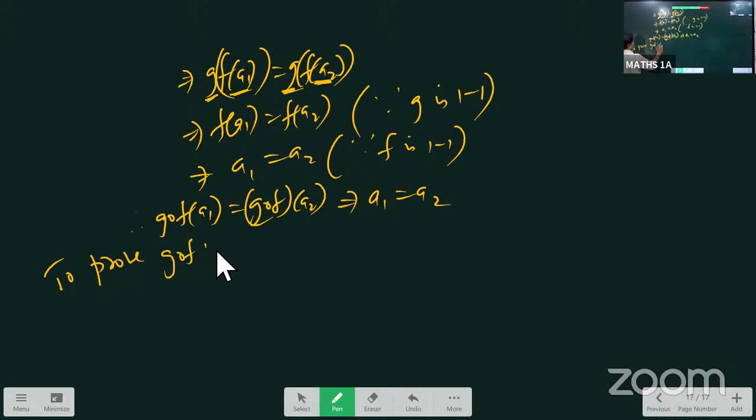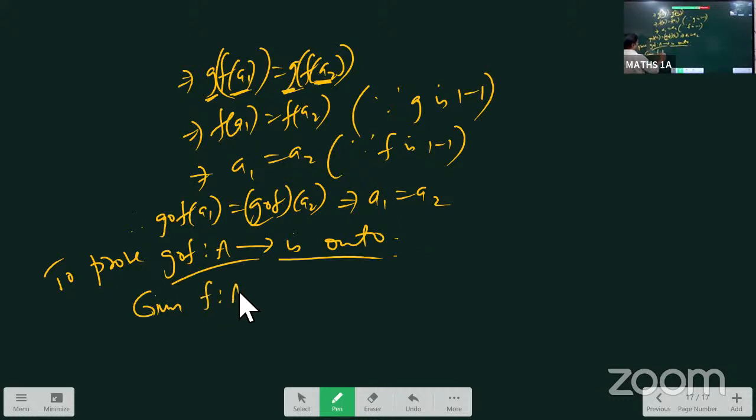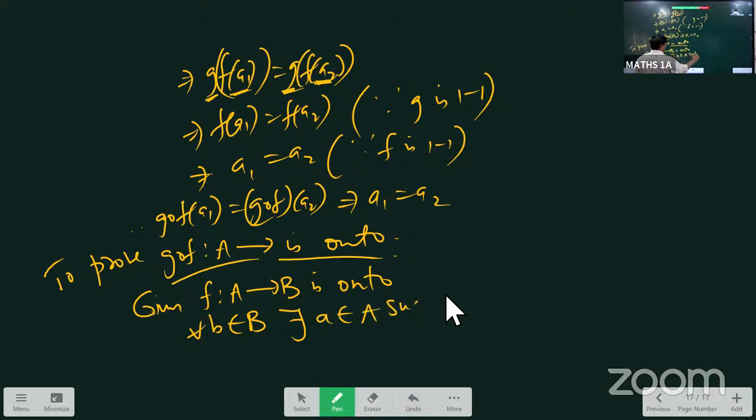Next, to prove G circle F mapping from A to C is onto. For that, what is given? F is mapping from A to B is onto. Means for every b belongs to B, there exists a belongs to A such that f of a equal to b.